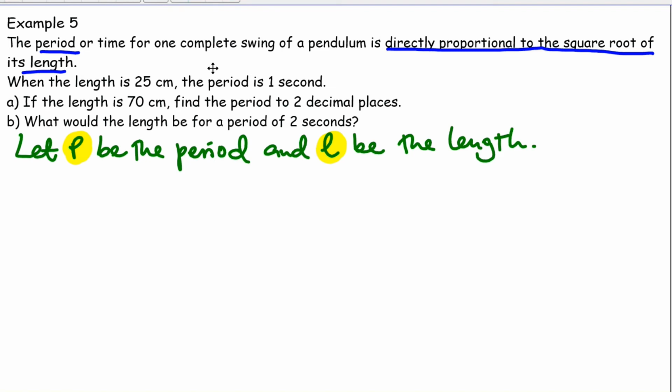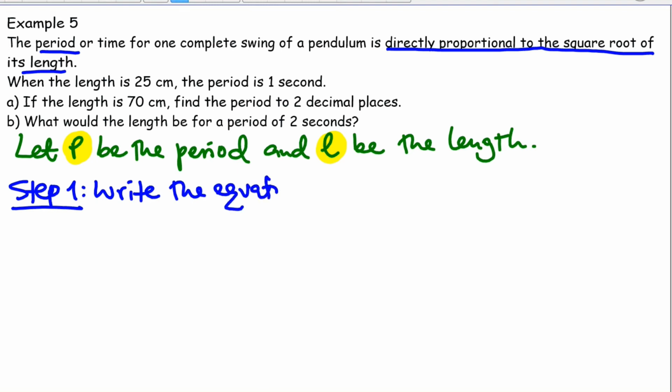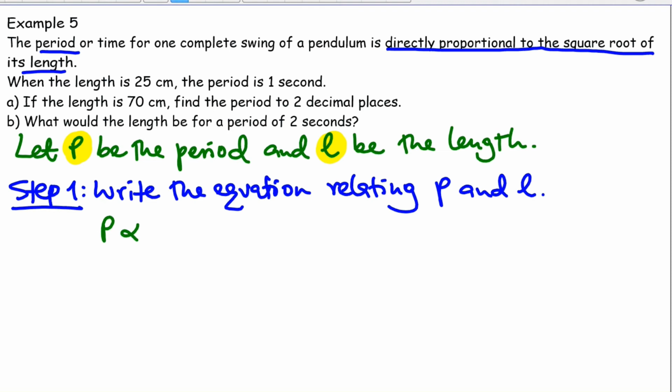So step 1, write the equation relating P and L. Okay, so we know that P is directly proportional to the square root of L, which means that there has to be a constant connecting these two.